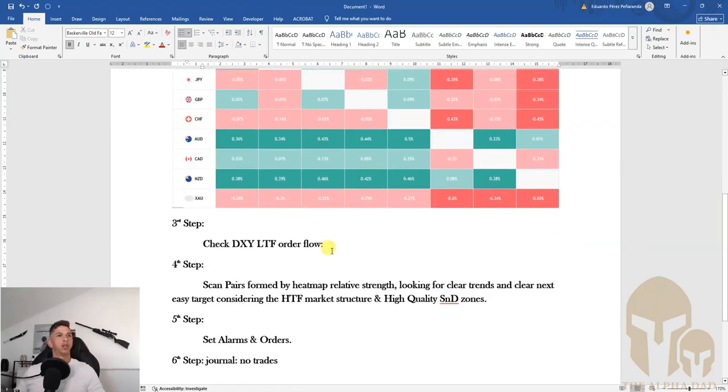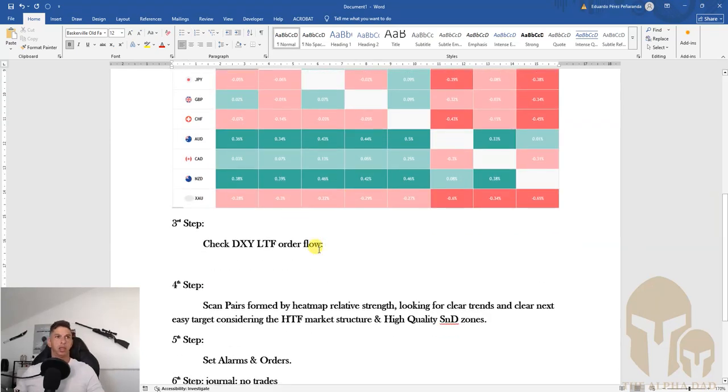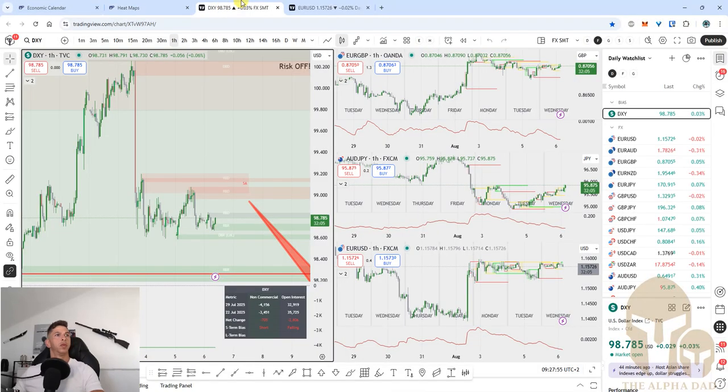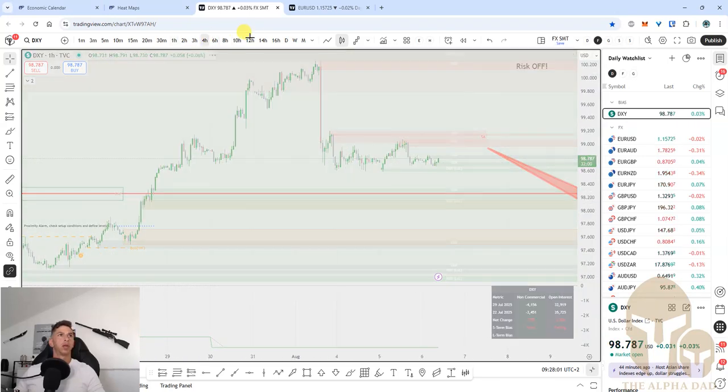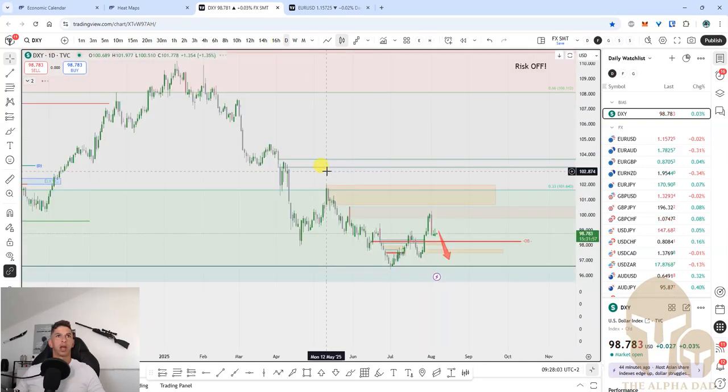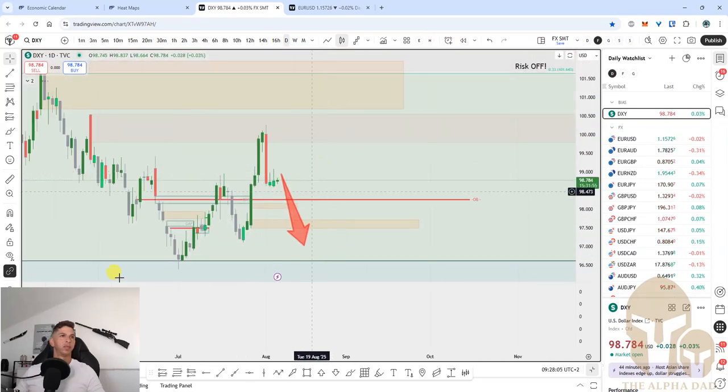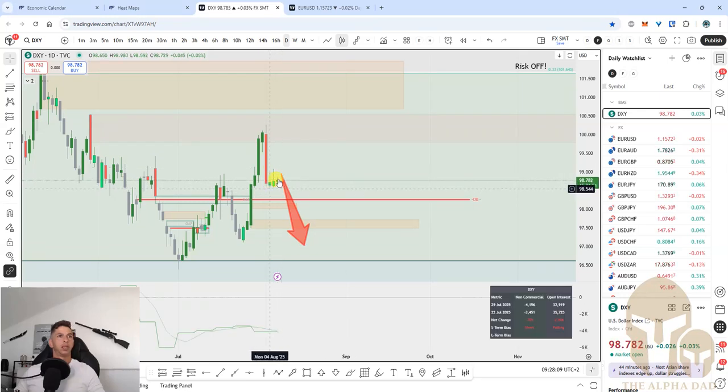So now let's move on to check Dixie lower time frame order flow, right? Let's go to the daily first. Let's see what happened on the daily. Took the low, took the high.